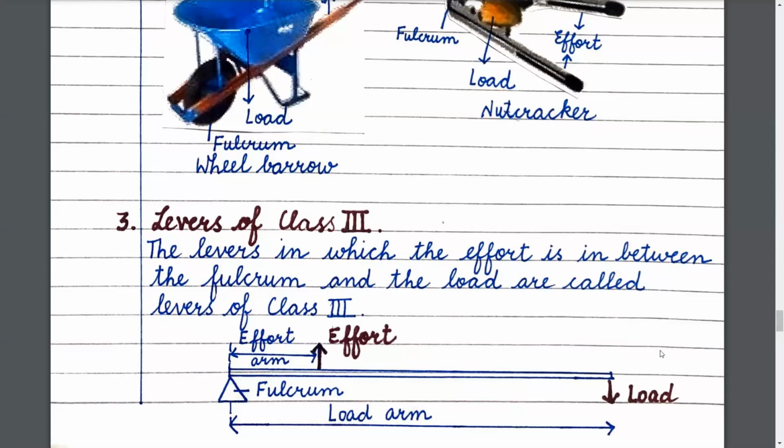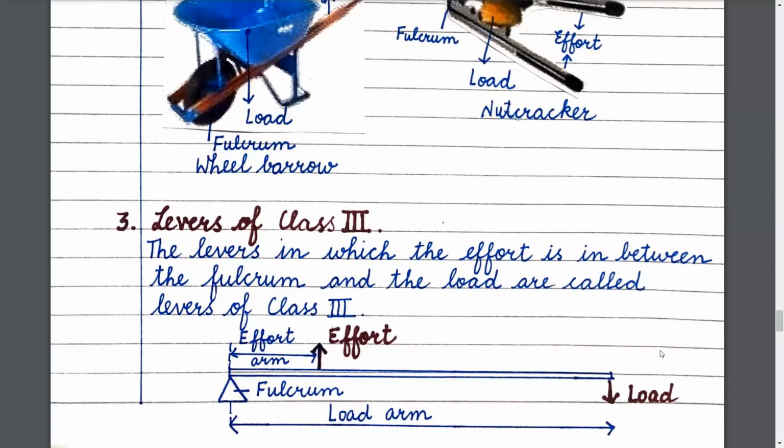Now, levers of class 3. As you can see in the figure, the levers in which the effort is in between the fulcrum and the load are called levers of class 3.